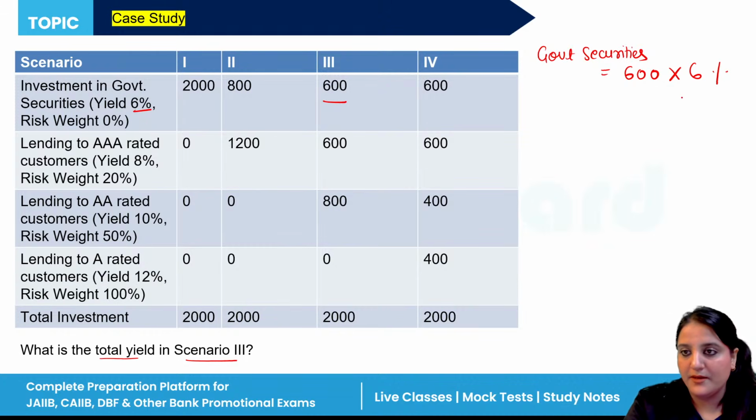Just calculate the 6%, we get 36, right?